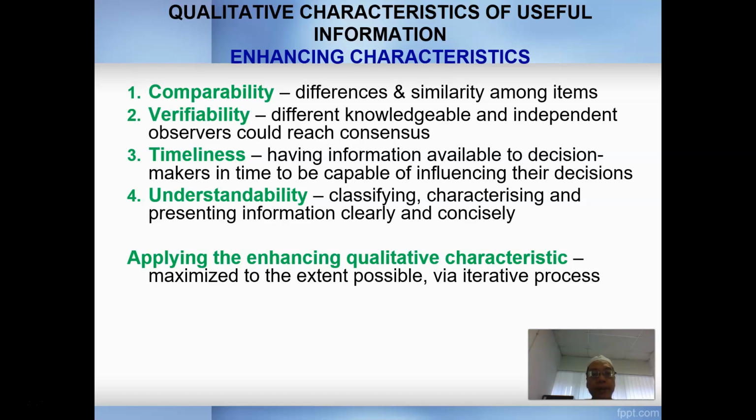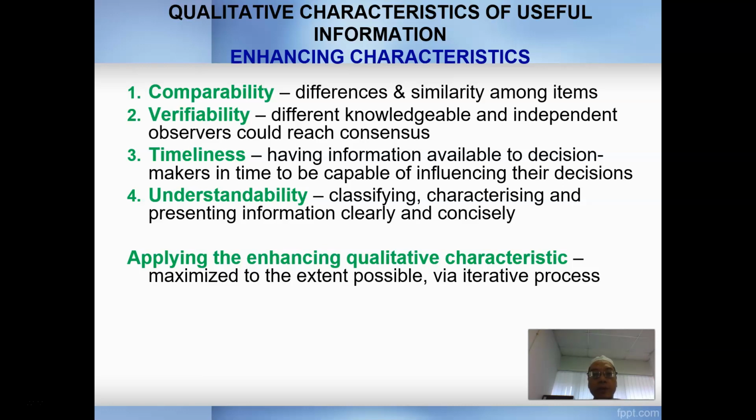However, to apply the enhancing characteristics, we try to maximize to the extent possible, meaning that although we have four characteristics, sometimes we cannot fulfill all of the four. We try to maximize as much as we can, and we maximize it through an iterative process.